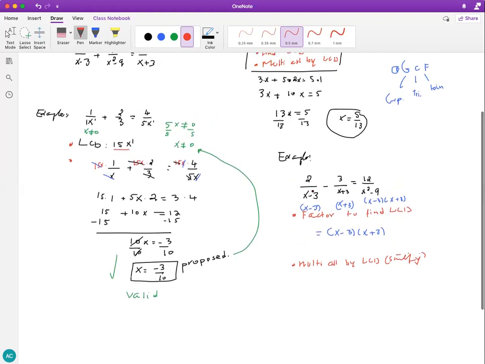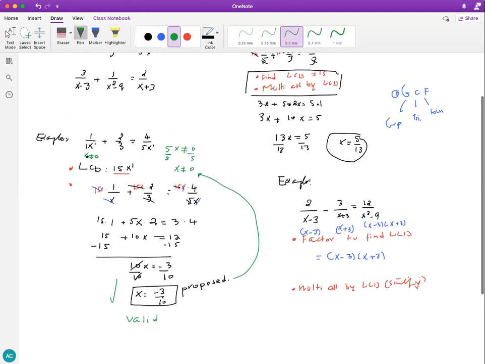Before doing that, before starting to solve, let's find the undefined values here. See how we had undefined values earlier, x can't be 0. Let's do that here. What's the value that we can't use here? We don't want to have 0 here. So what value of x cannot be used?